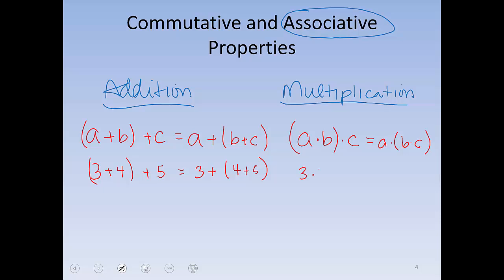Let's try (3 times 4) times 5. Is that the same as 3 times (4 times 5)? Yes, it is. This would be 12 times 5, which is 60, equals 3 times 20, which is also 60. So that is the associative property of addition and of multiplication.